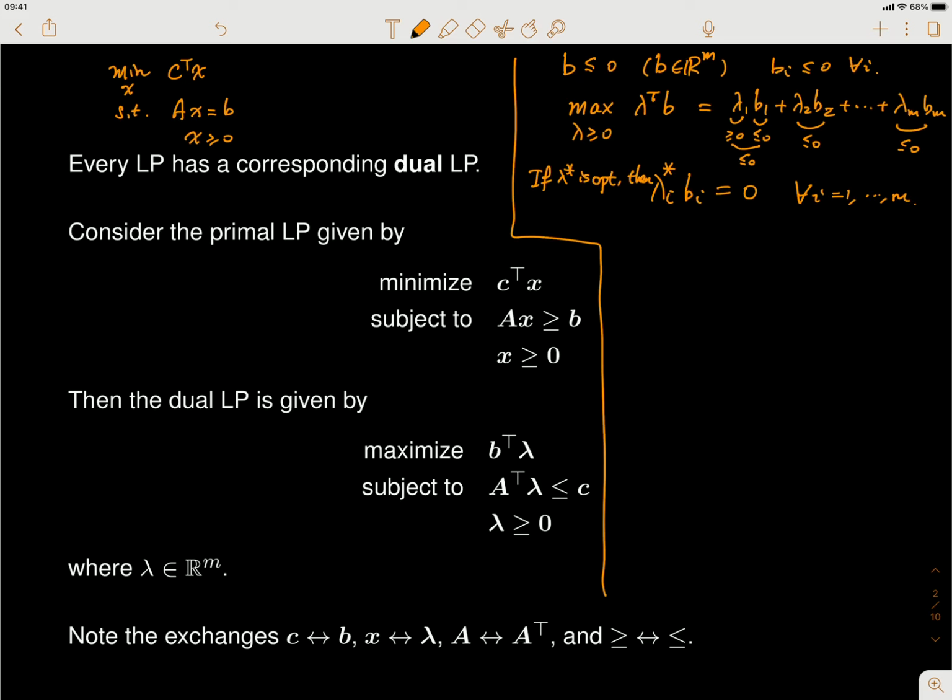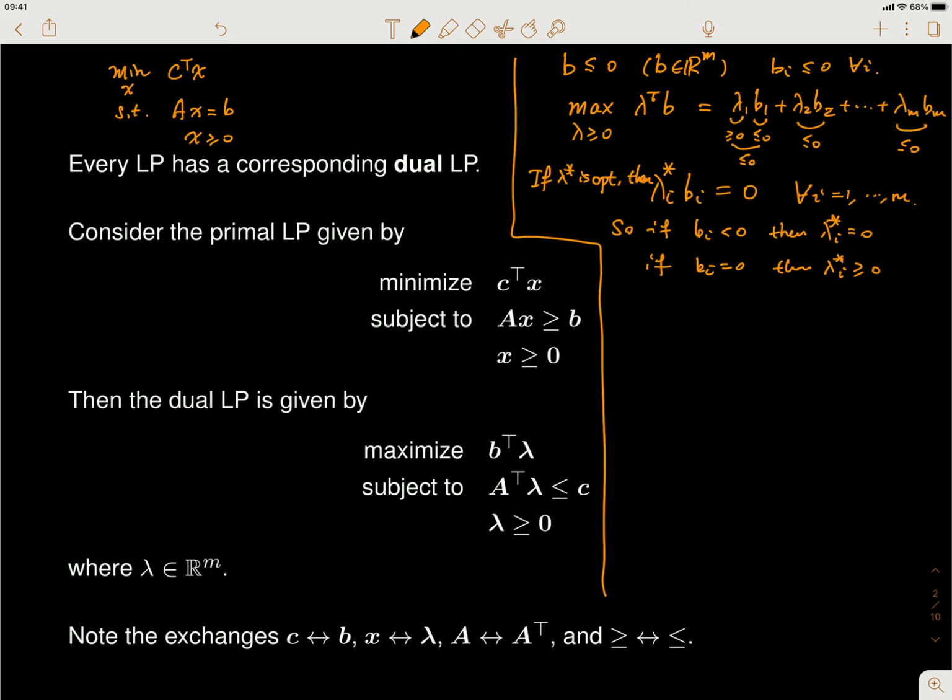What this tells us is that if bi is negative, then lambda i, or lambda i star, must be equal to 0. And if bi is equal to 0, then lambda i can be any non-negative number, because the product of these two will still be 0.